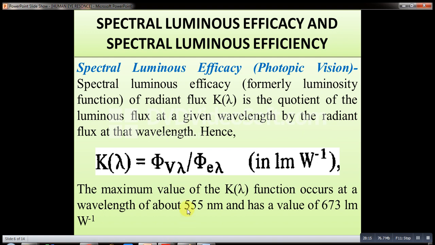The maximum value of the spectral efficacy function occurs at a wavelength of about 555 nanometers, and has a value of 683 lumens per watt, though some sources say 673. Not important.